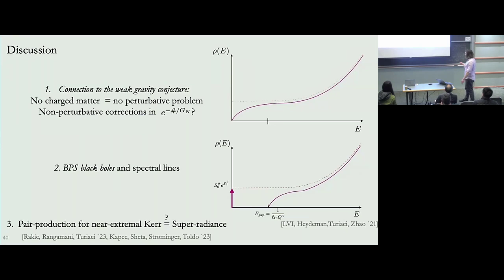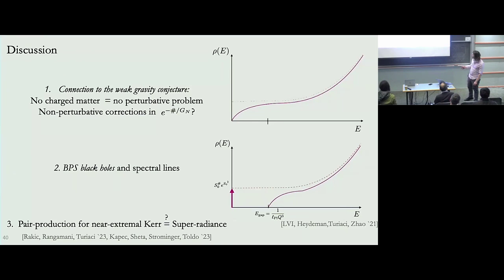Finally, it would be interesting to redo this calculation of pair production for near-extremal Kerr black holes and see what happens in that regime. Here, the particles that are charged are the particles that carry angular momentum, and they're charged under essentially a non-abelian field that is part of the black hole metric.